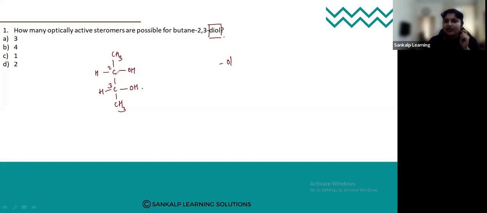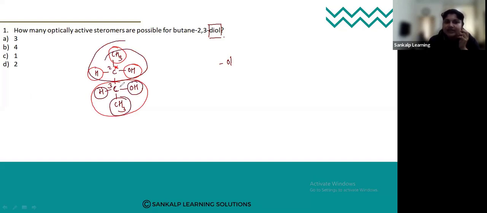A carbon that has 4 different groups attached to it. Looking at this particular carbon, this is one group, this is another group, another group, and another group. So this is a chiral carbon.